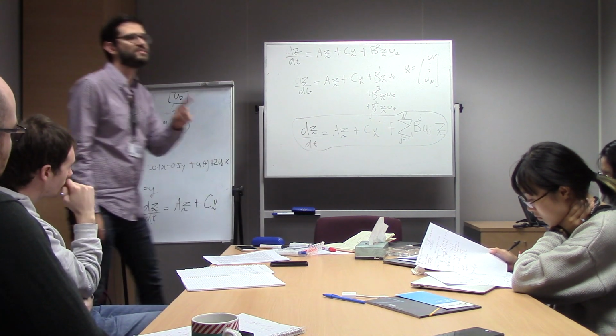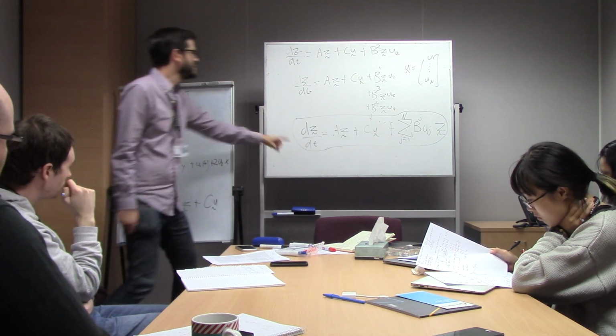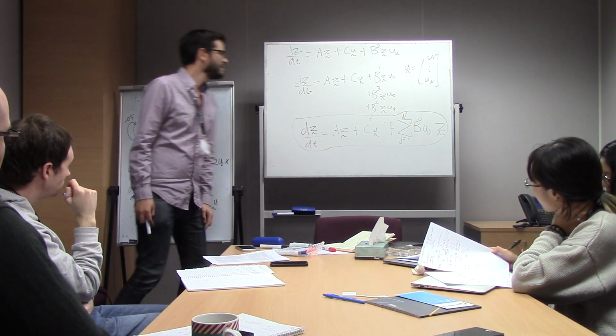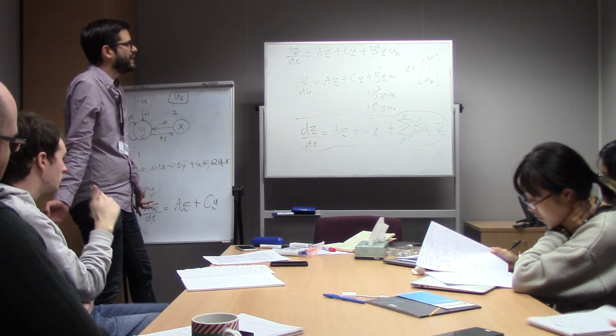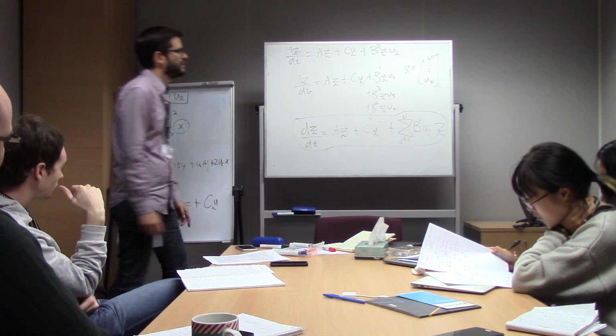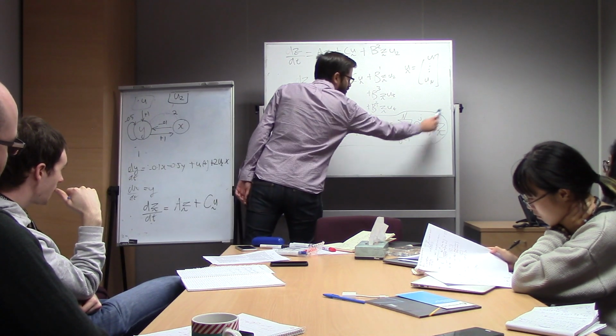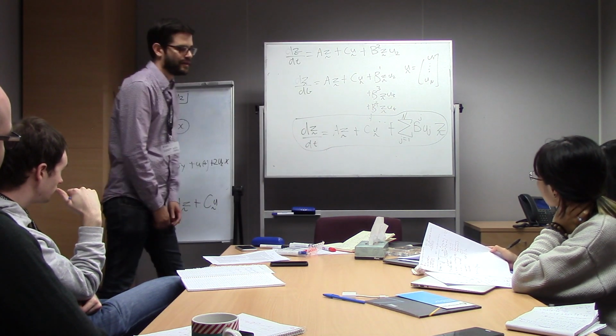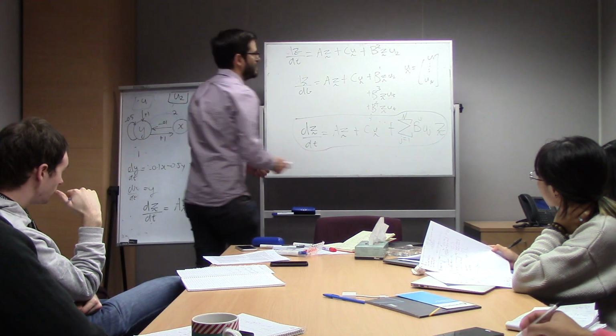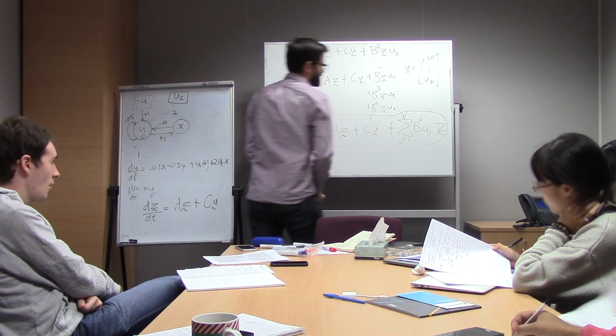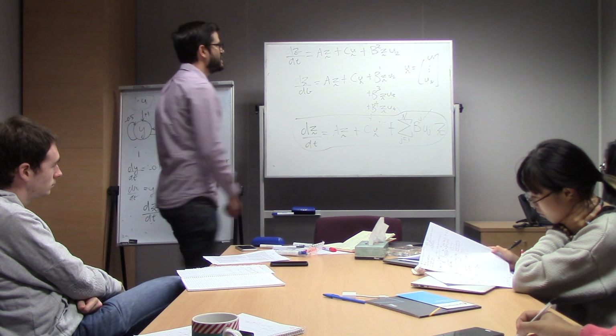So in fact, all those models can be described by this in the most general case. But for instance, if we want neuromodulation, the B's all become 0. If we want no input, C becomes 0.